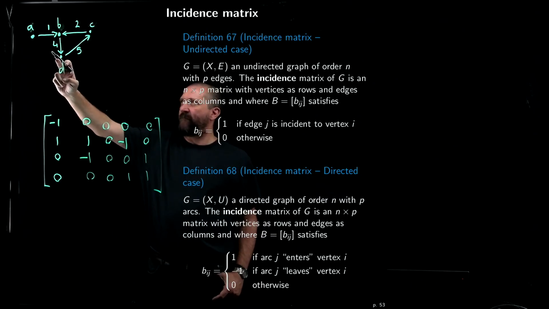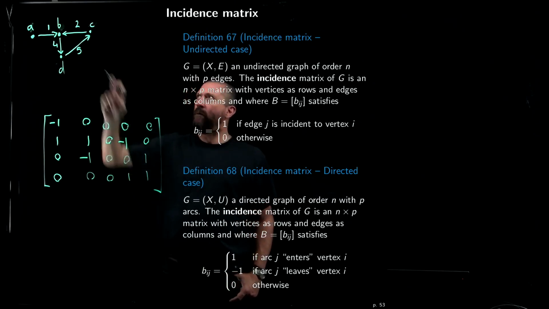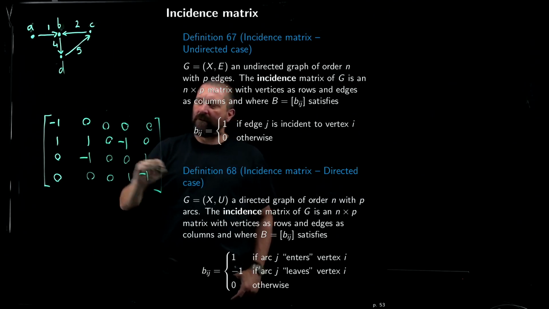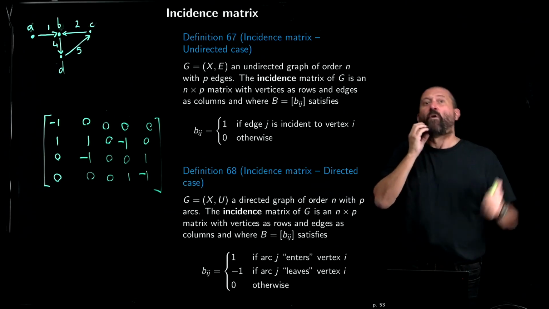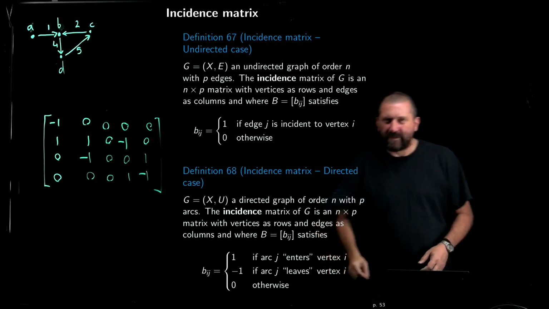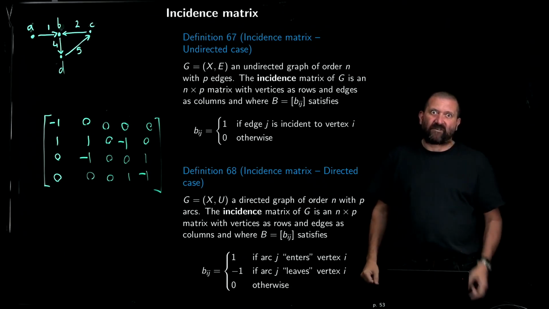And lastly, from D, I am entering from 4 and leaving along 5. And that gives me the incidence matrix.